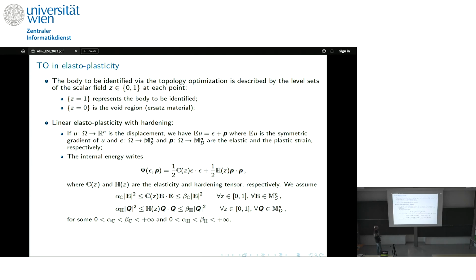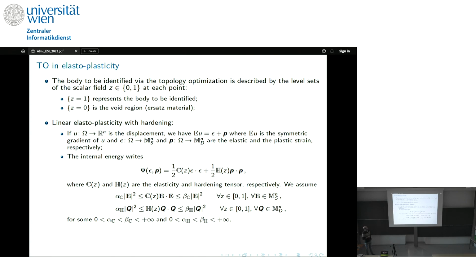The quantities that play a role here are the displacement U, a function from the design box omega into R^n, and then epsilon and p, the elastic strain and plastic strain. Since we are working in linearized elastoplasticity, you have the usual constraint that the symmetric part of the gradient of U has an additive decomposition: the elastic strain plus the plastic strain.